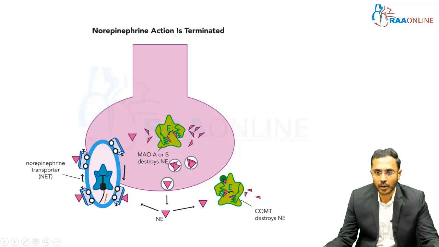And COMT is basically extraneuronal, in the synapse. It destroys norepinephrine in the extracellular space. This is how norepinephrine action is terminated by monoamine oxidase, COMT, and sometimes the NET pumps norepinephrine back into the neurons. It is not destroyed actually, it is pumped back into the neurons, so the action is terminated.